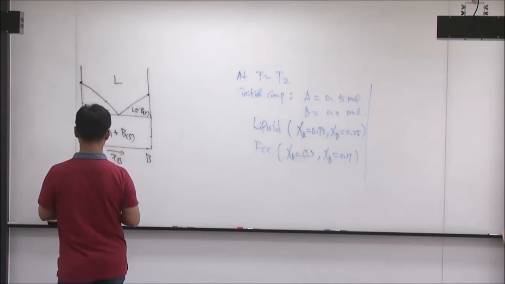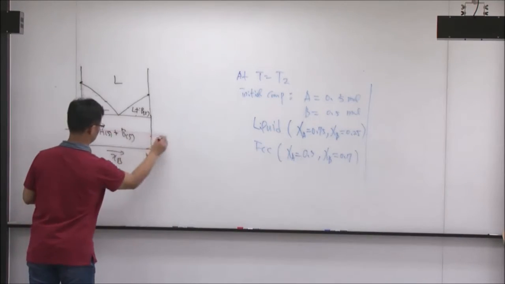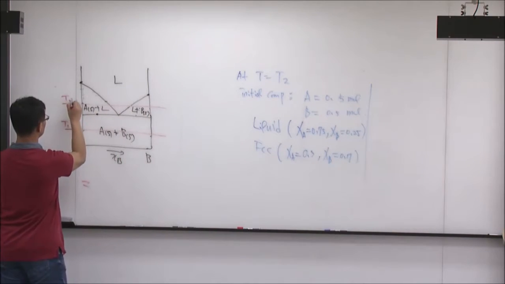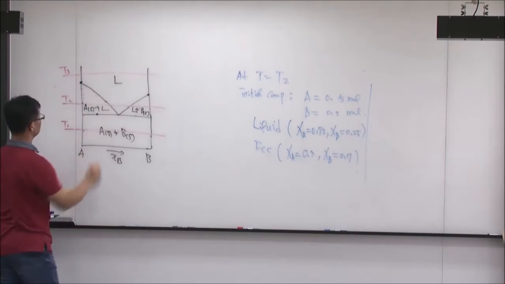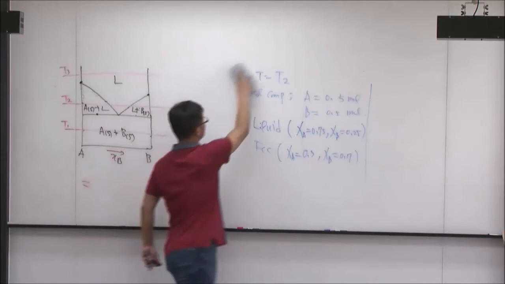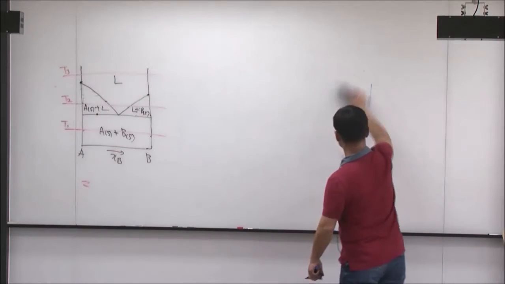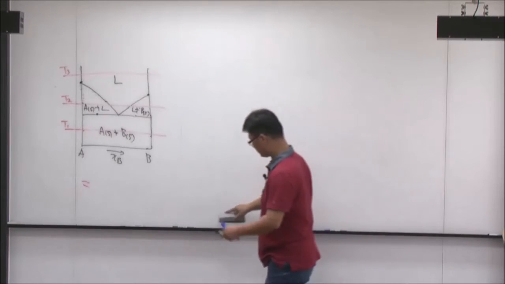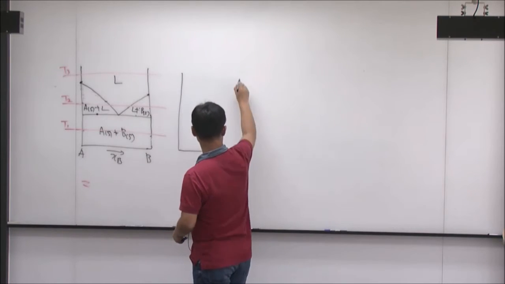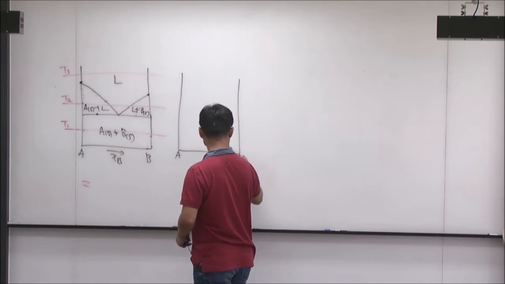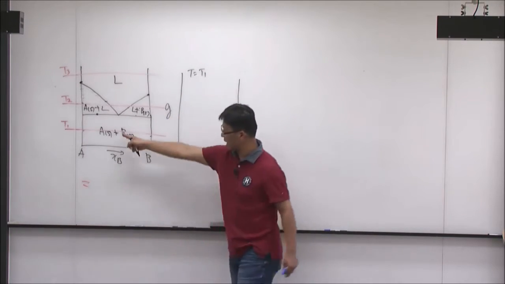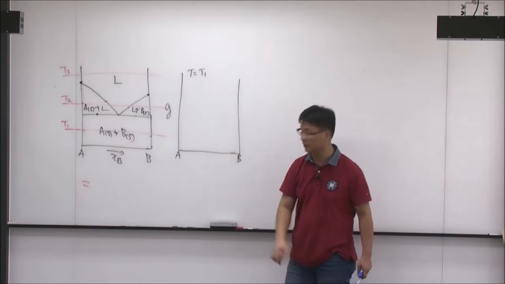let's draw the phase diagram. T1, so simplest one. T2, T3. T1 and T3 is very simple. So at T1 temperature, A is solid state, B is solid state, yeah?